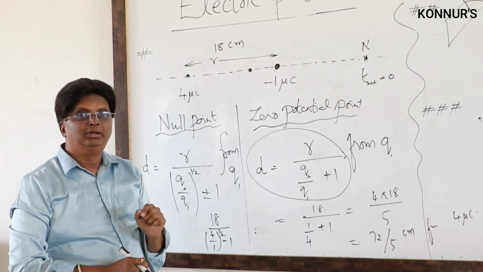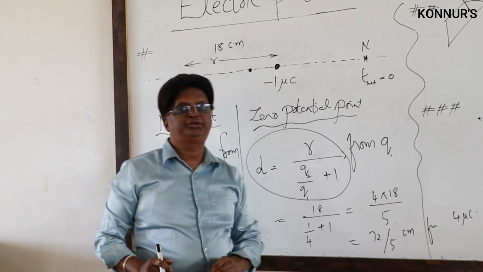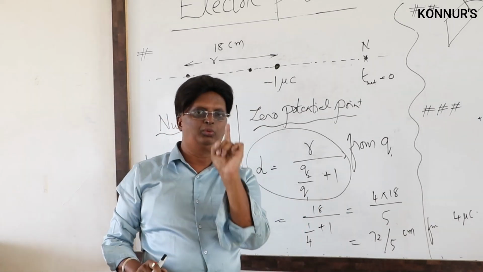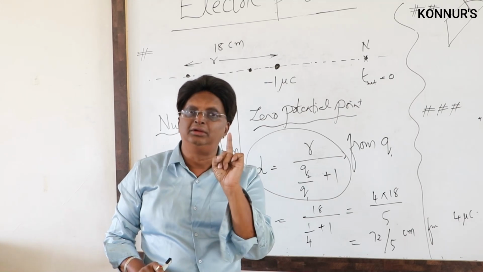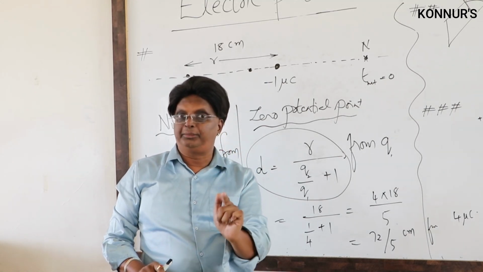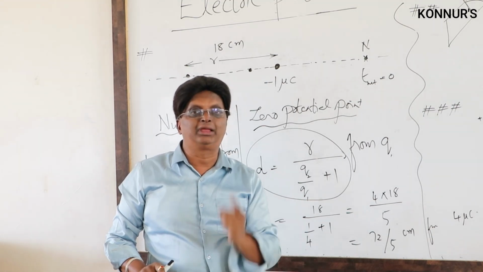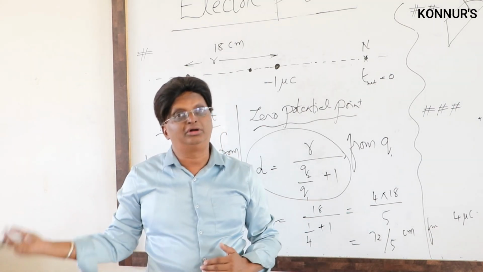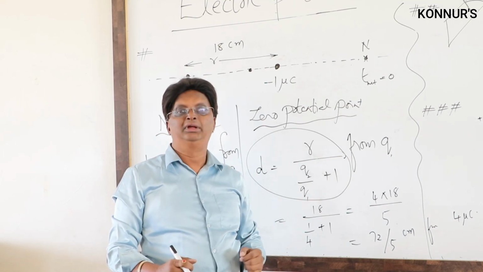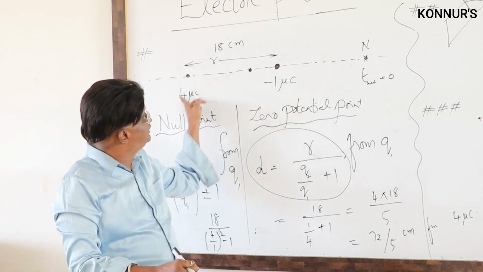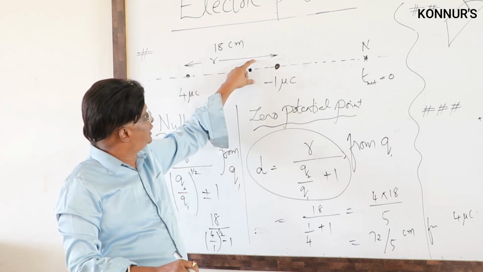But do remember, in the case of the zero intensity point on the line joining, there is only one possibility: one and only one null point. Whereas, if we consider zero potential points, we will get an infinite number of zero potential points, of which I have calculated only the one that lies between the two charges.